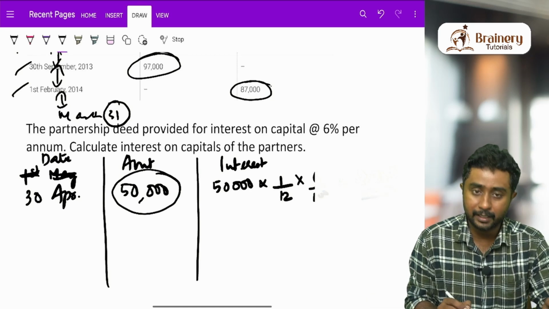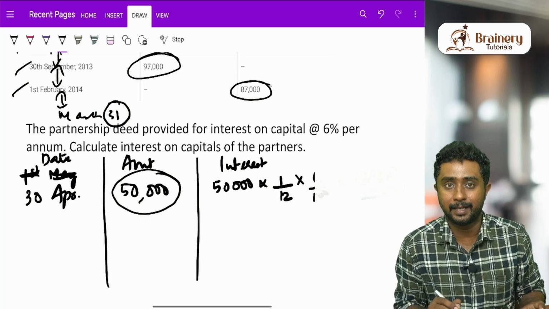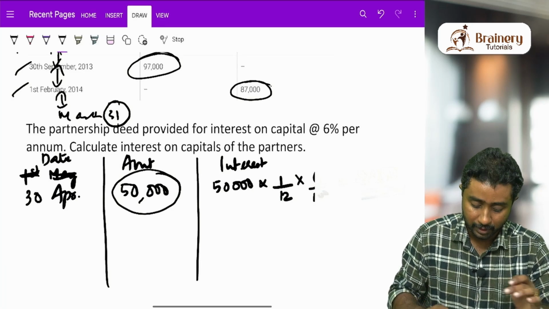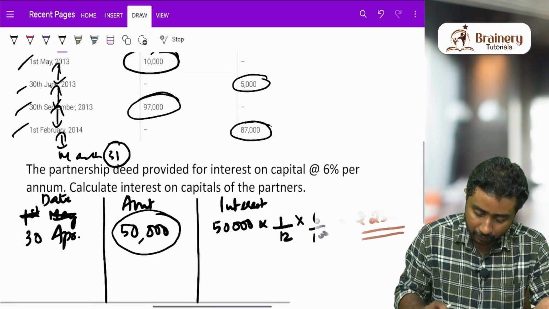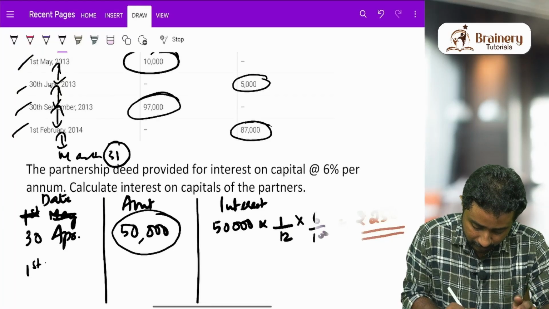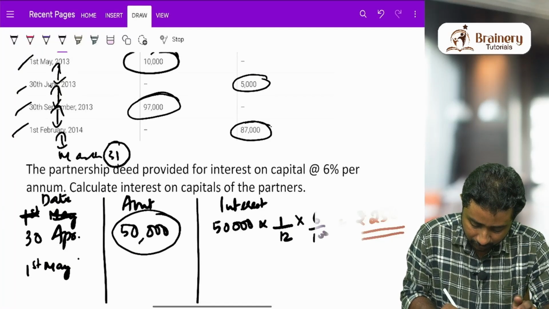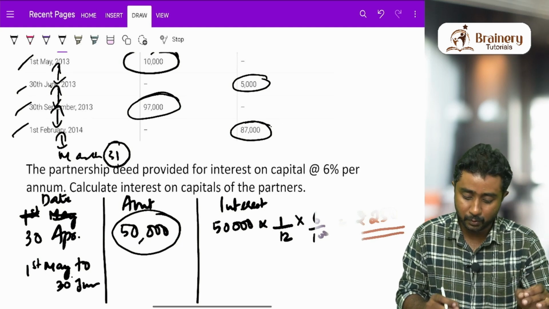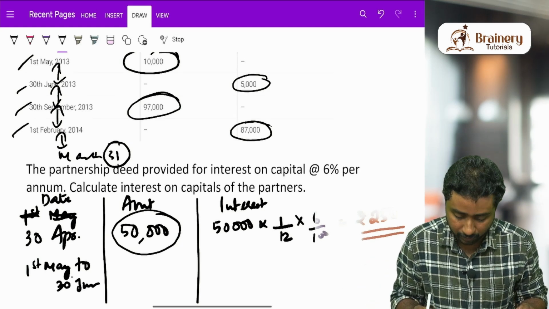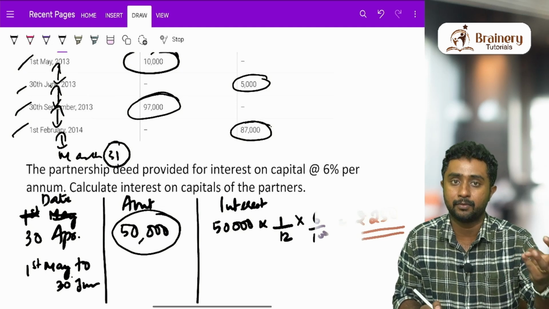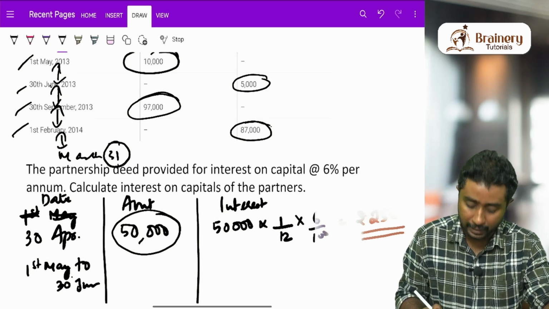So until 30th April, for the amount that was there as capital, we have calculated the interest. Next, from 1st May onwards, the amount is changing. So to make it clear, I will write: 1st May to which date? 30th June, because on 30th June again there is going to be one change. So 1st May to 30th June, that means May full month and June full month.